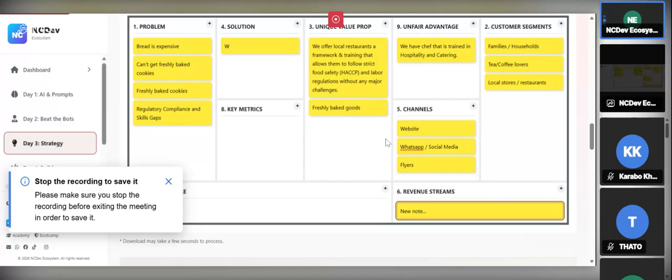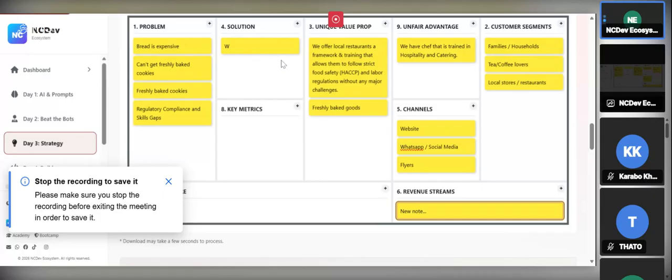So what we did now is focus on the problem, identifying the customer first, and empathizing with the customers to identify the problems. After identifying the problems we are able to look at what makes us unique, and give that unique value proposition, and then look at what solutions we can bring to the table.